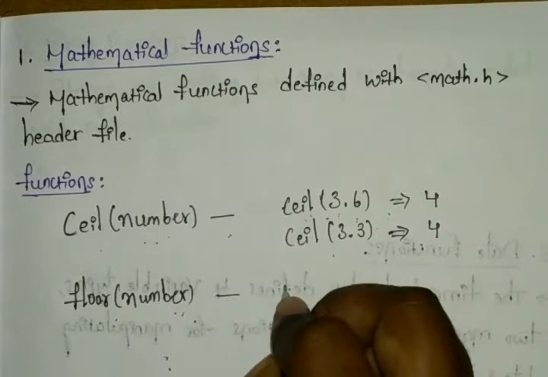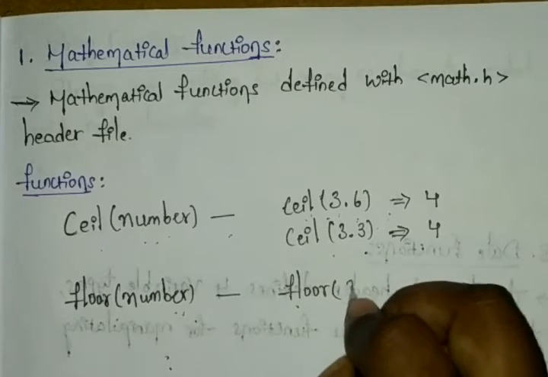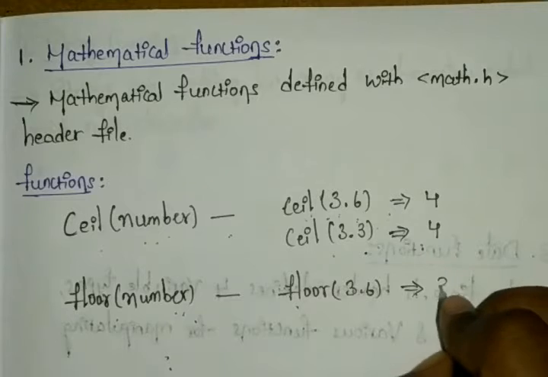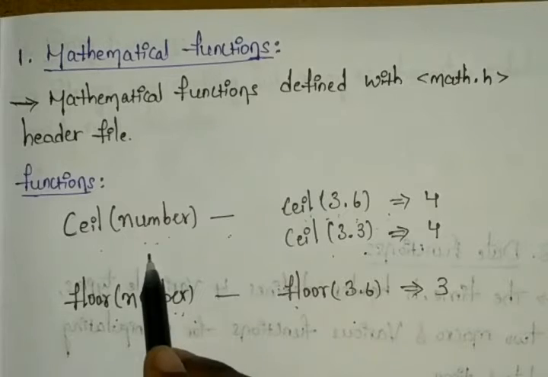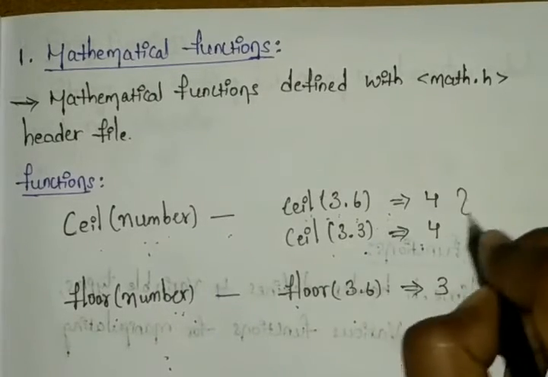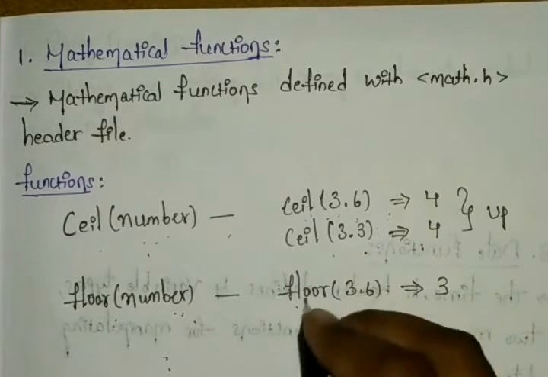For example, here I'm choosing floor 3.6 only. In the floor it will choose the value 3 only. Why? Because it is rounding down the values. Ceil will be the up values. It goes to the up value, and the floor goes to the down values.